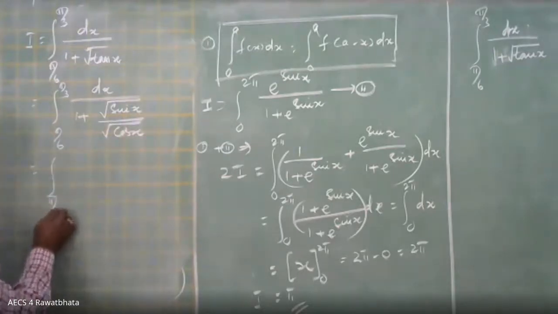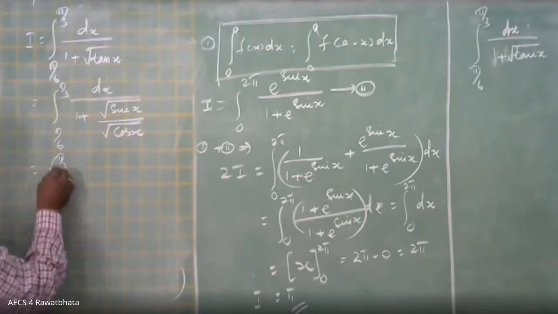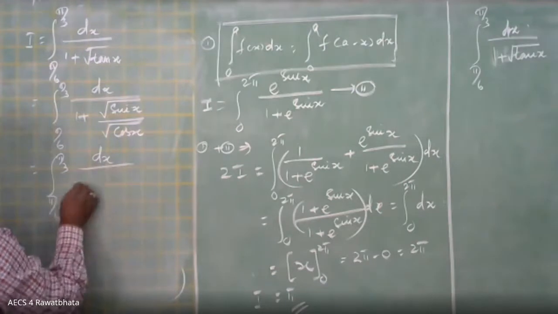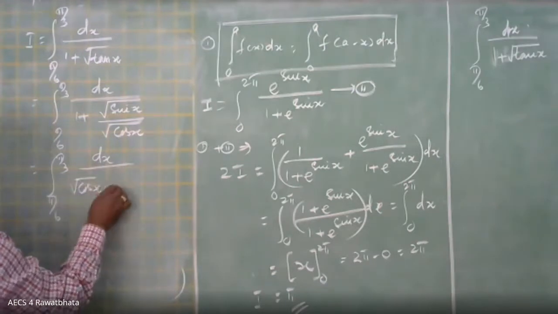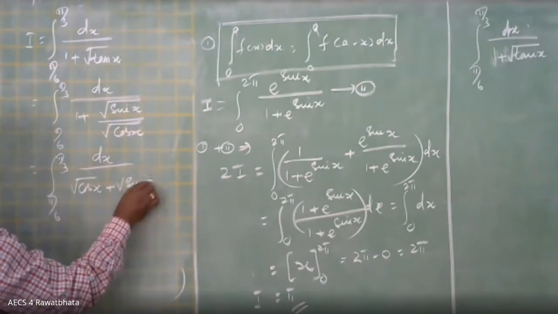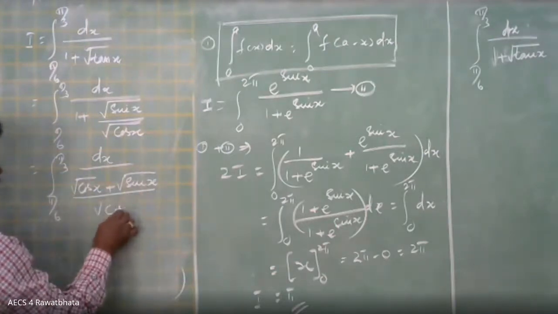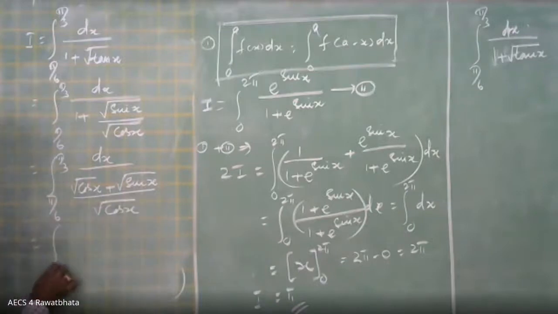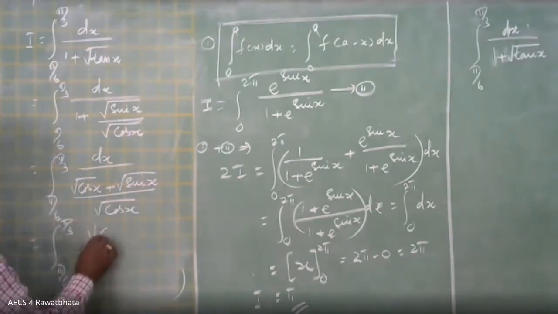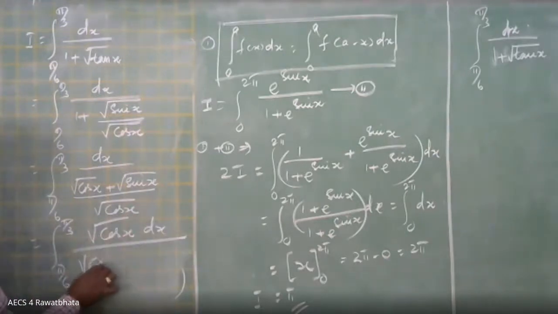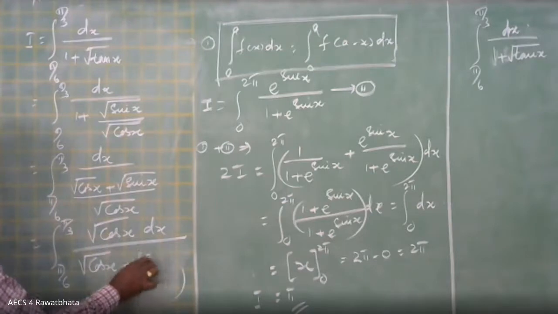So that is the integral from π by 6 to π by 3 of dx upon root of cos x plus root of sin x, the whole upon root of cos x. So that is the integral from π by 6 to π by 3 of root of cos x dx, the whole upon root of cos x plus root of sin x.